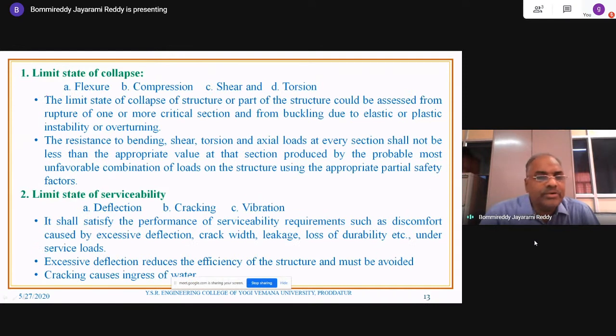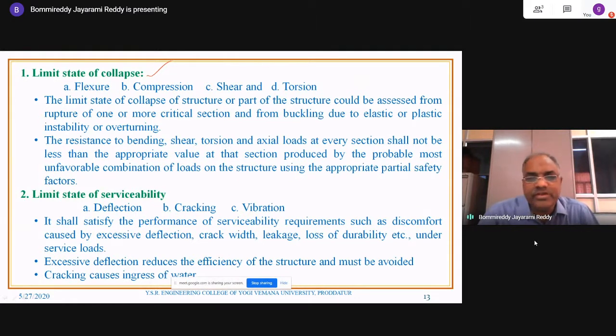And already I told you there are different types of limit states. One is the limit state of collapse. So a structure or an element in a structure can be designed according to the type of force that is acting.